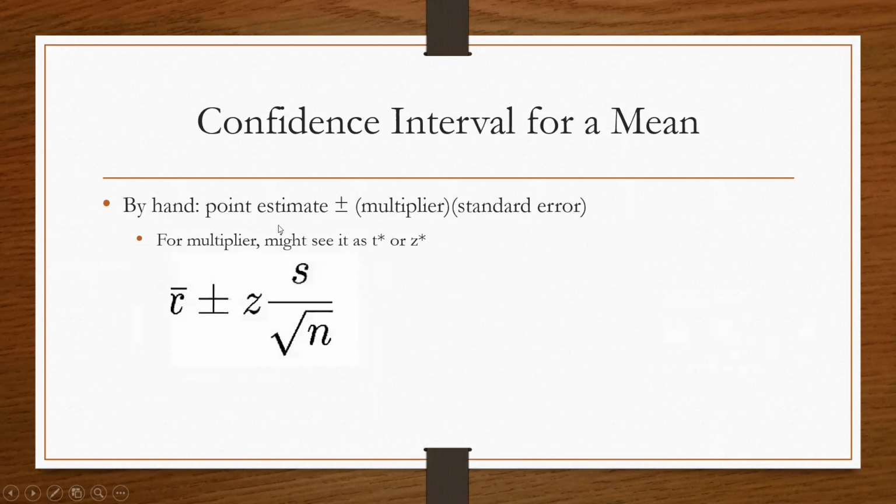For the multiplier, you might see it a few different ways. It's generally going to be written as a T star. However, sometimes you'll see it as Z star. It's just x bar, which is the point estimate, plus or minus the multiplier times the standard error.